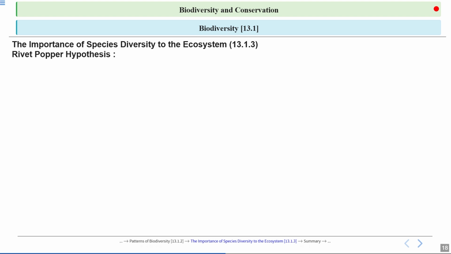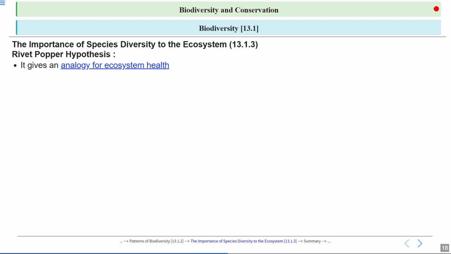Now let's talk about the importance of species diversity to the ecosystem. Let's understand this through the rivet popper hypothesis. This is a very important idea in understanding how ecosystems work and why conserving biodiversity matters. This hypothesis uses a simple analogy to help us see how the loss of species can affect the health of an entire ecosystem.